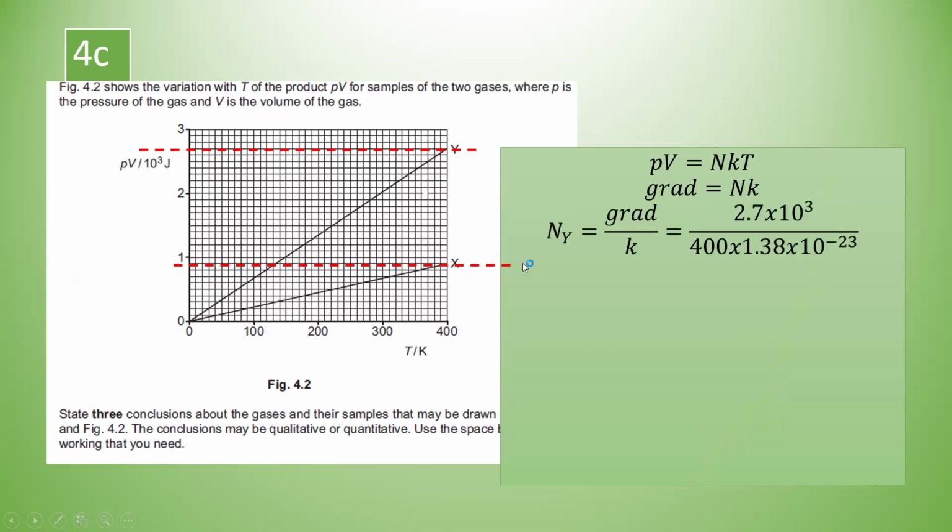And NY is gradient over k. Put this point there, like 400, 2.7 times 10 to the power 3. Remember that, don't forget. And then k from the data sheet, that's the k value.